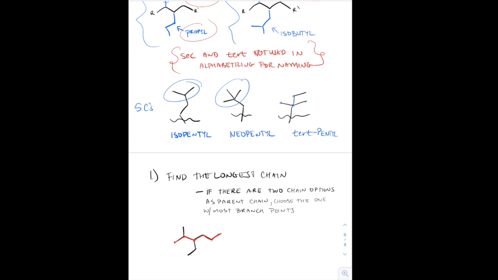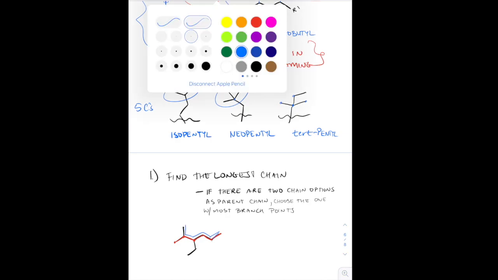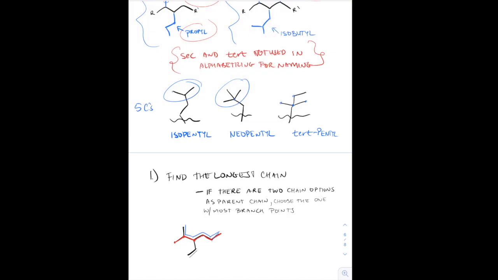Whoops, my darn thing got all messed up. 1, 2, 3, 4, 5, 6. There's another one. We've also got 1, 2, 3. Oh my goodness, that is getting annoying. I'm sorry about that. 1, 2, 3, 4, 5, 6.